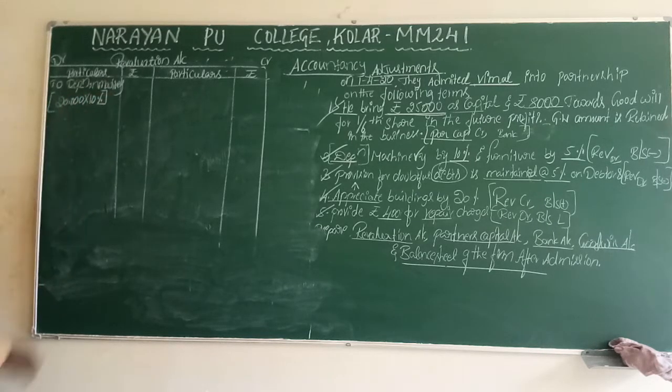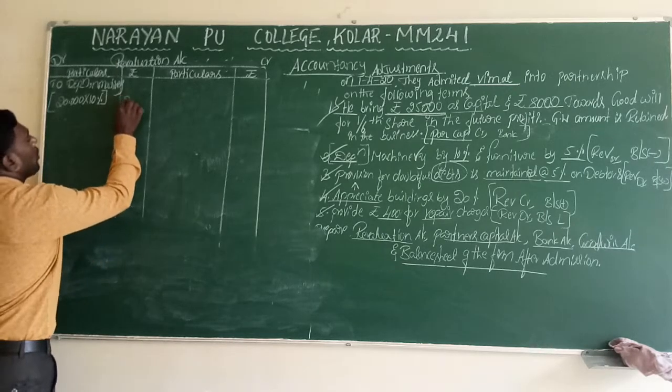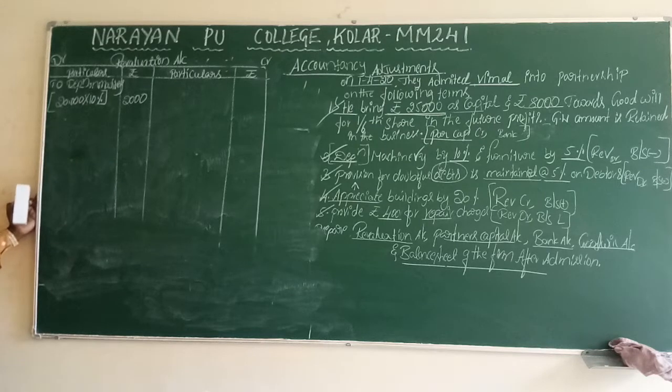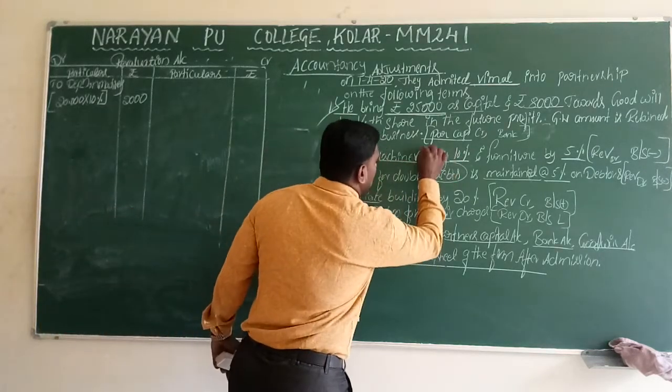We can write 10% or 10 divided by 100, both are the same. For simple calculation we write directly 20,000 into 10%. So it comes to 2,000 rupees as depreciation of that machinery. So that is adjustment number 2, first transaction. We have to record it.